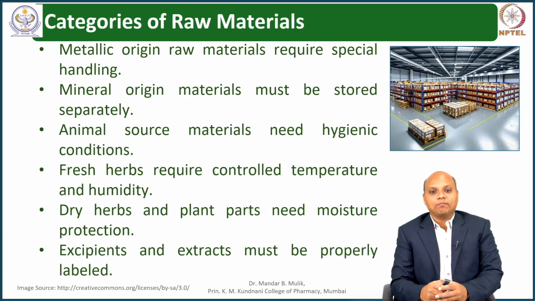Dry herbs and plant parts need moisture protection. We have already understood how moisture can deteriorate the quality of the herbs. Excipients and extracts must be properly labeled to avoid any contamination.